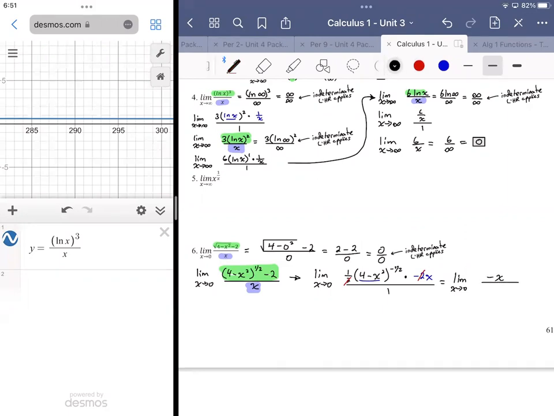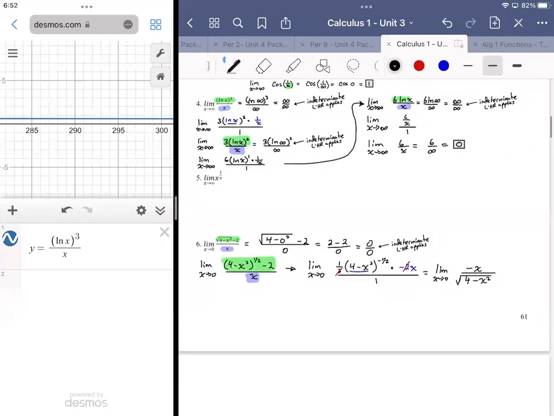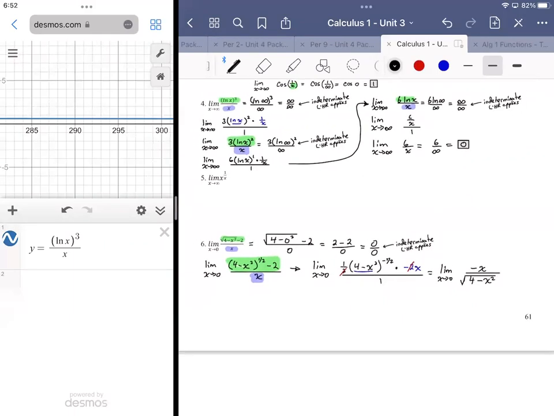over the square root of 4 minus x squared. Can't get a decent radical to save my life here. But that seems to be pretty clean in the sense that we're going to get a meaningful answer.